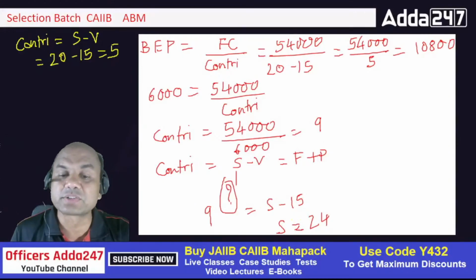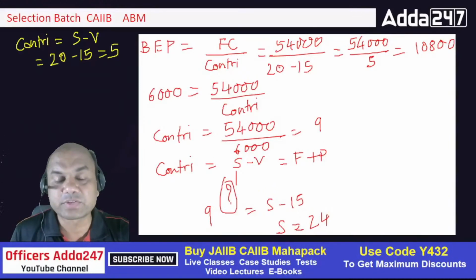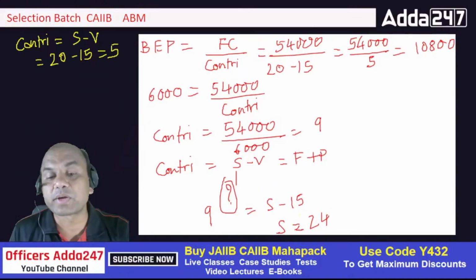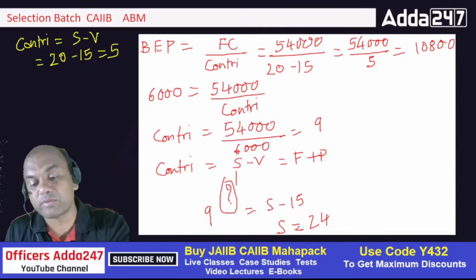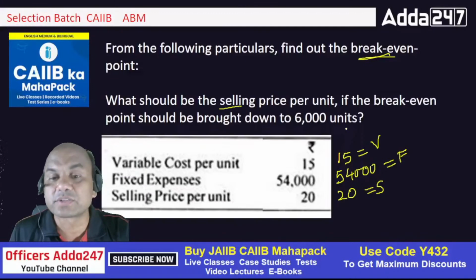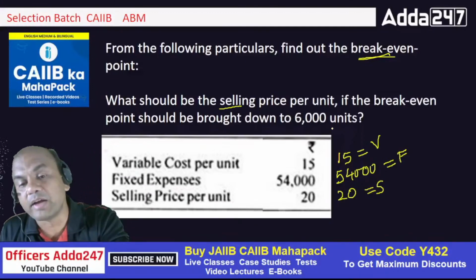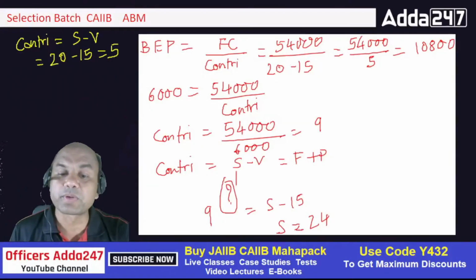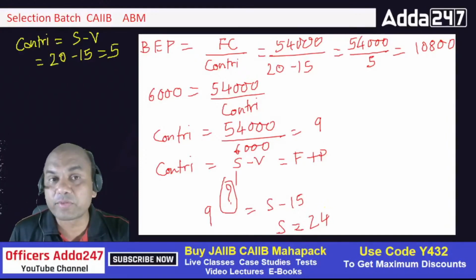S equals 15 plus 9, that is 24. So the selling price per unit becomes 24. So to bring down this break-even point to 6,000 units, I'll have to sell my goods at rupees 24 per unit. Understand the difference? Presently my BEP is what?